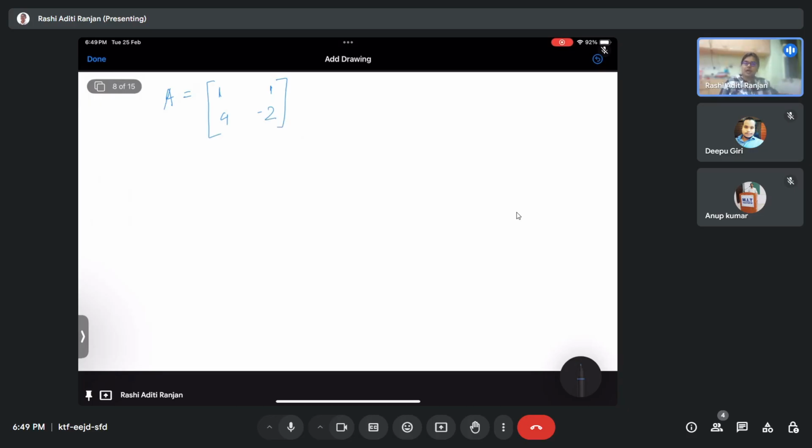This is what I have. Now I have to find the trace and determinant. So determinant is nothing but 1 into minus 2 minus 4 into 1, which is minus 2 minus 4, minus 6. And then trace of A, sorry, we have to just sum up the diagonal elements.